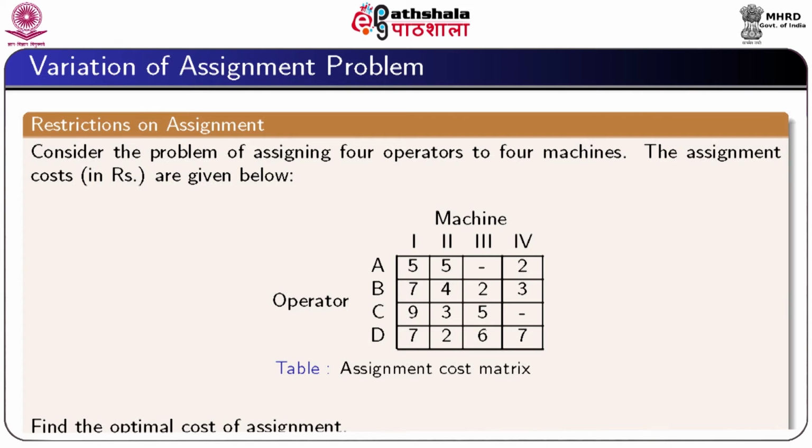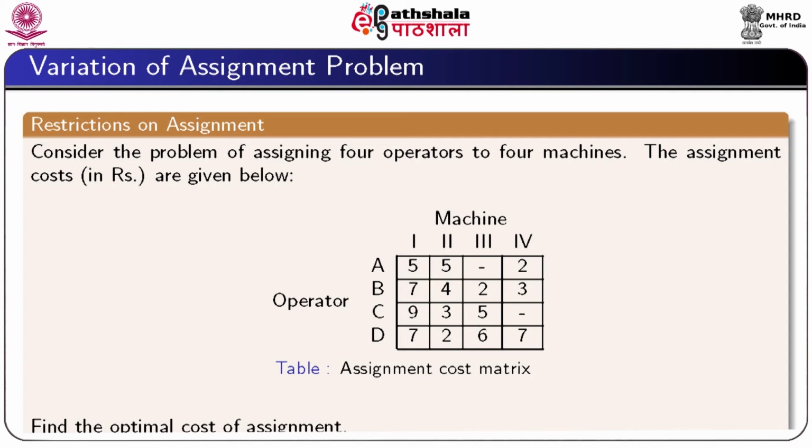Here we consider the problem of assigning 4 operators to 4 machines, and their assignment costs are shown in the following assignment cost matrix. Our objective is to find the optimal cost of assignment.